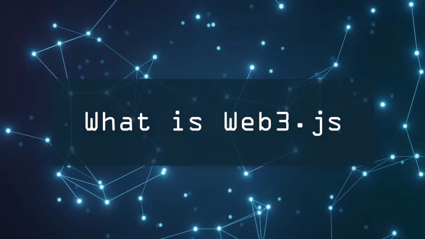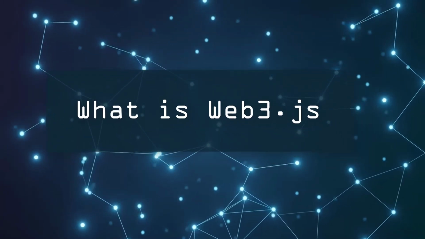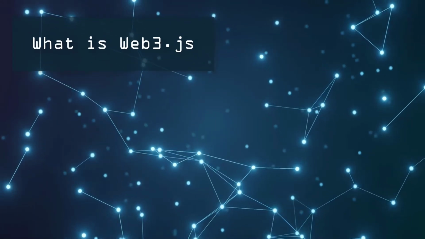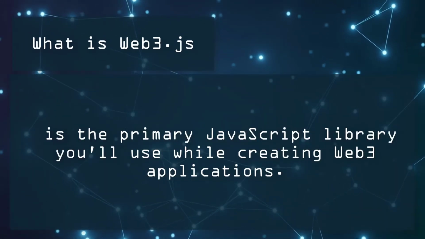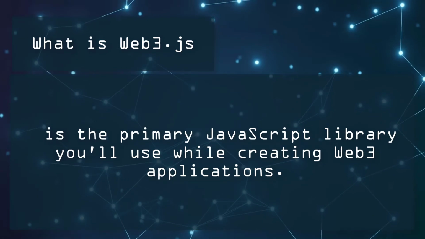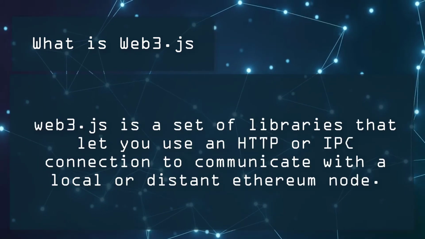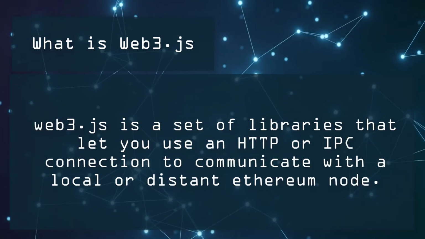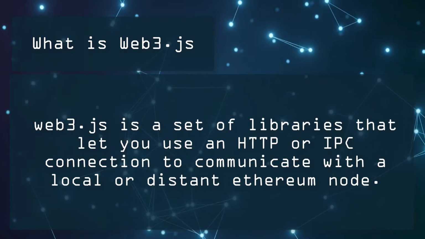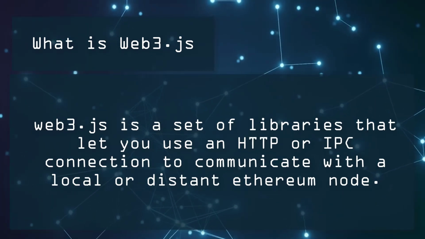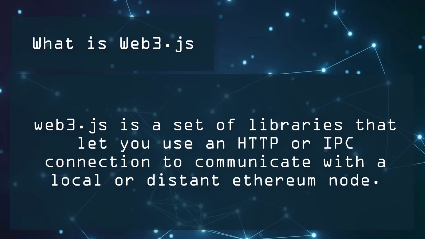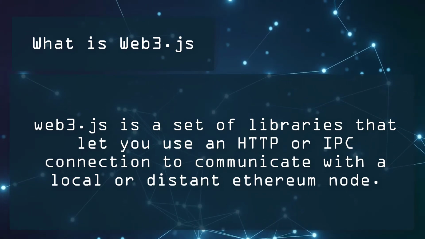And lastly, what is Web3.js? The Web3.js library is the primary JavaScript library you'll use while creating Web3 applications. Web3.js is a set of libraries that let you use an HTTP or IPC connection to communicate with a local or distant Ethereum node.